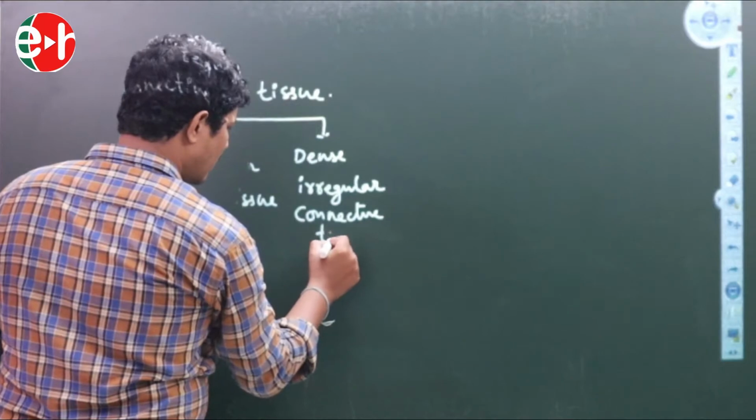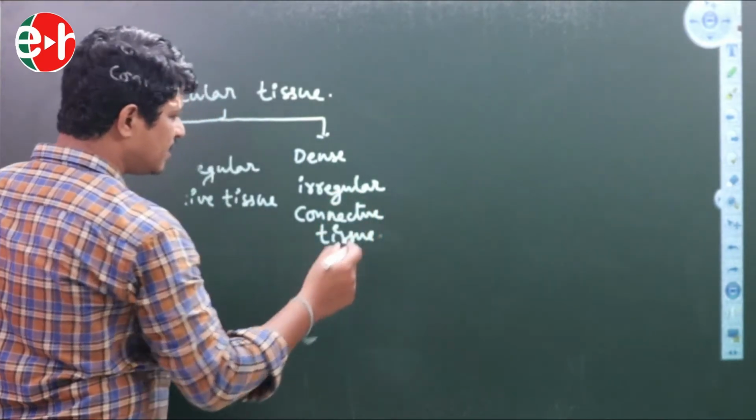Dense irregular connective tissue, it is the second one.